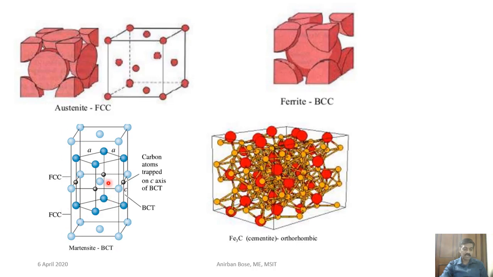Because of that, it's a BCT structure, basically body centered tetragonal structure, and these are generally very hard material, hard phase, which is called the martensite. This particular phase we have not seen in the equilibrium phase diagram, but we are going to see this kind of transformation also happens in iron. Okay, so anyway, we'll see this phase also in this discussion.